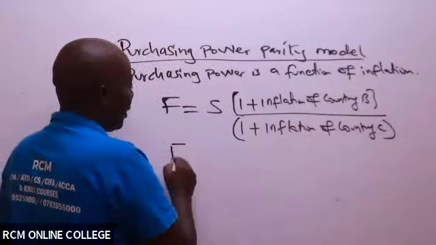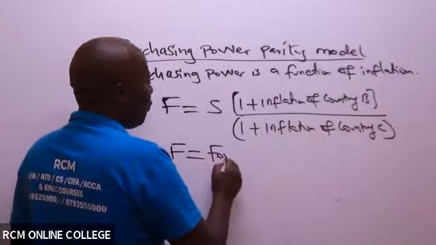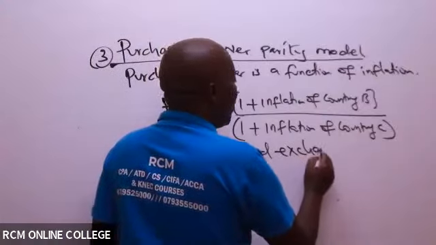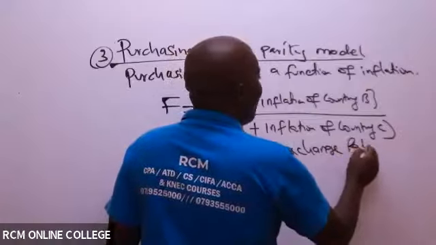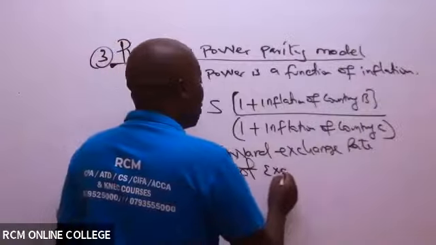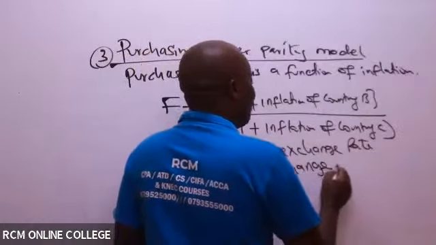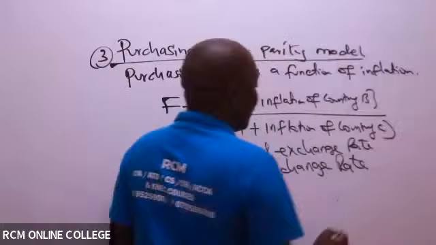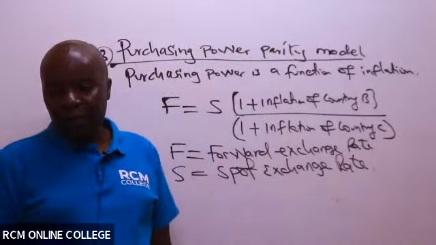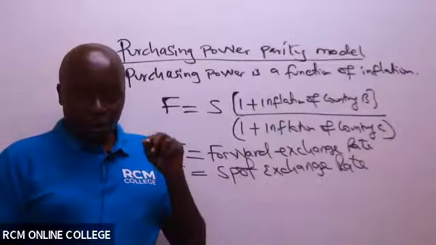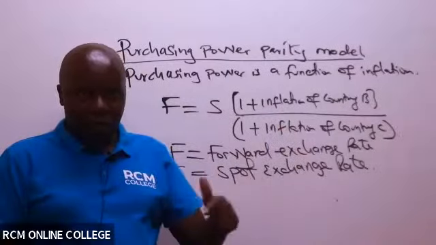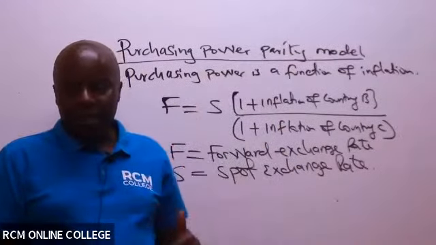Remember, this F is what we want to predict, the forward exchange rate, and S is the spot exchange rate. Spot means today's rate. Forward is future. Forward is an exchange rate in the future.